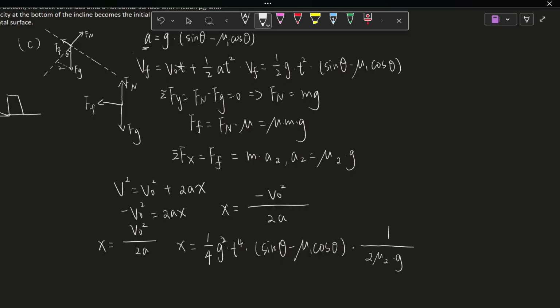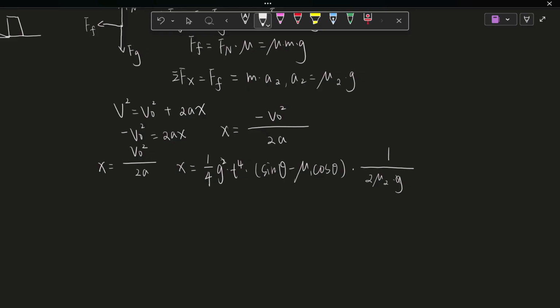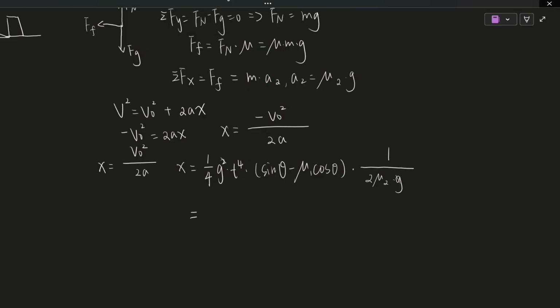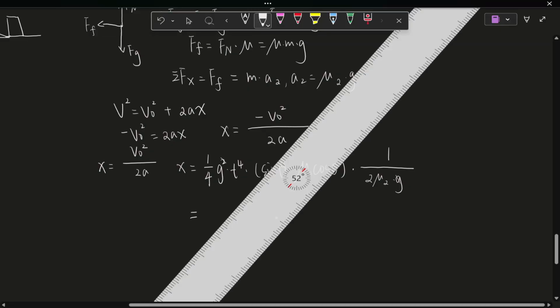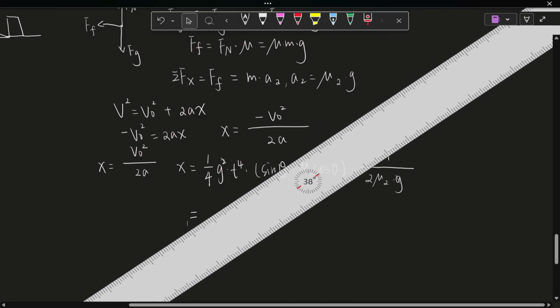We can cancel out one of the g. So the final answer will be, I need a ruler to draw the fraction line because it looks better. This is definitely a lot of fraction lines.